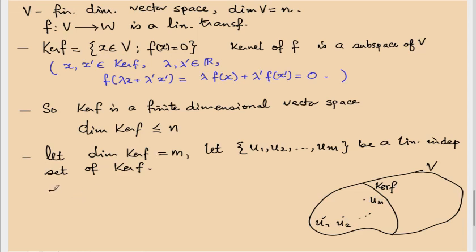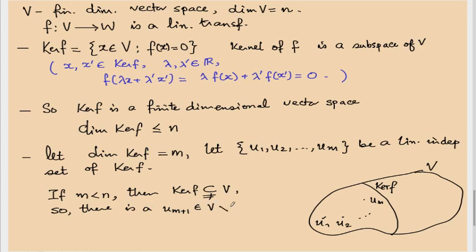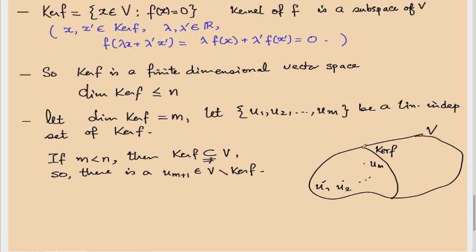Now, if M is less than n, then obviously kernel of F is a proper subset of V. So I'll get hold of a u m plus 1 in V which is not in kernel of F. So if I take u m plus 1 here, it is like this. It is not in the span of this.